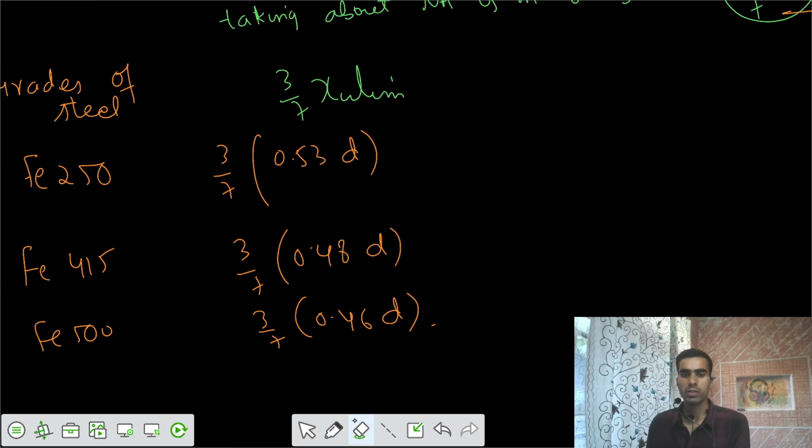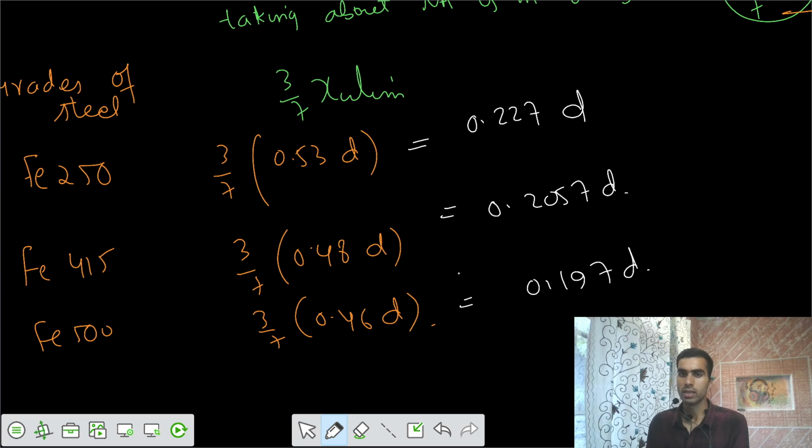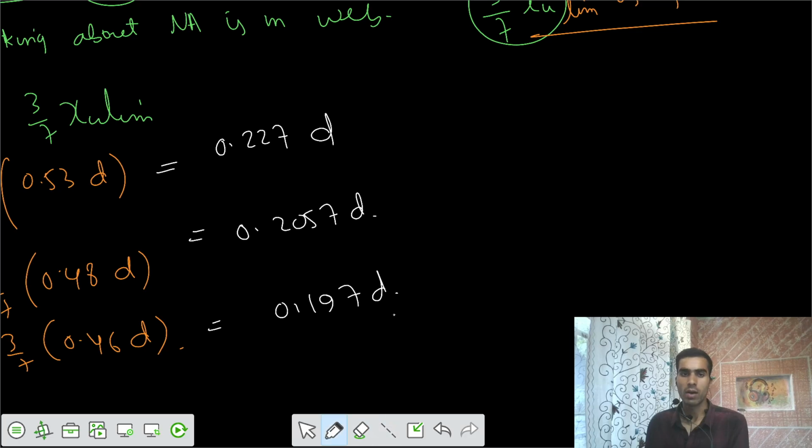Now we got this value. Can you say what is this total value? This total value equals 0.227 D, and this value equals 0.2057 D, and this value equals 0.197 D. So this is almost, I would say, almost greater than 0.2.